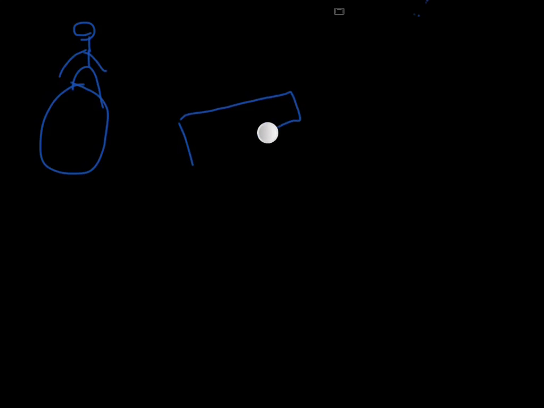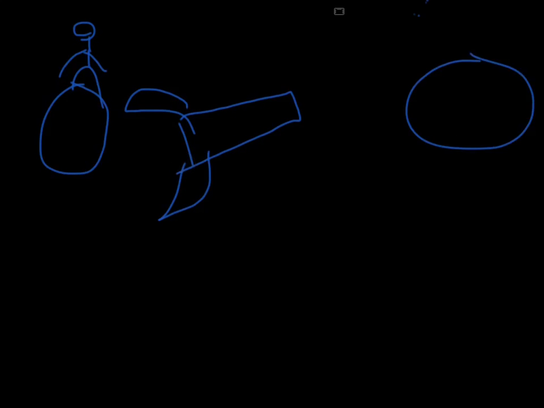Let's get started. Let's say you're on Earth and your friend is on a rocket ship headed to Alpha Centauri, the Alpha Centauri star system, which is about 4.3 light years away.